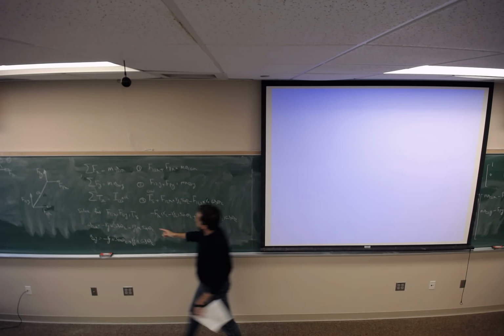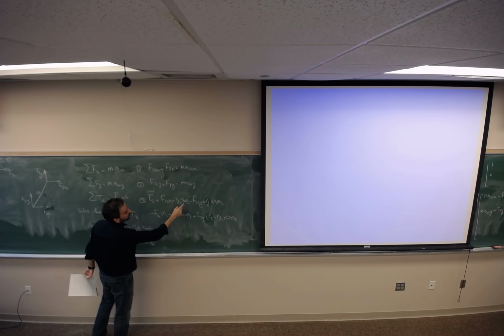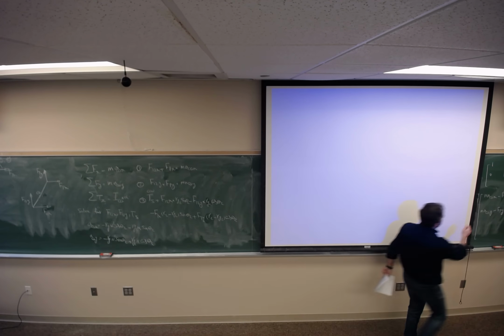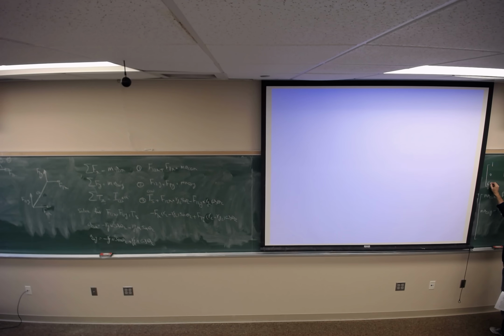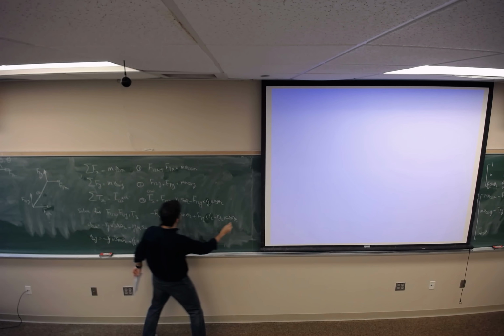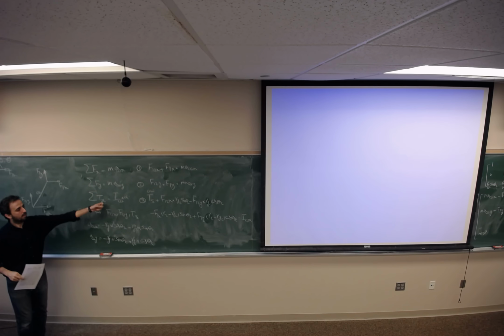Last equation, the coefficient of Ts is 1, coefficient of F12x is Rg2 sine, coefficient of F12y is negative Rg2 cosine. So I will start with Rg2 sine of theta 2, minus Rg2 cosine of theta 2, and the coefficient of Ts is 1. I forgot the right side.